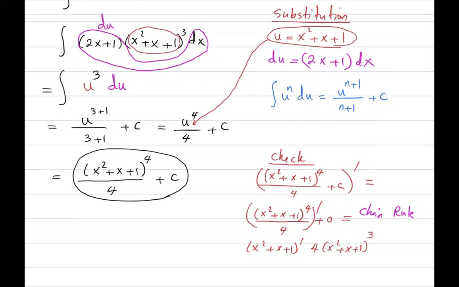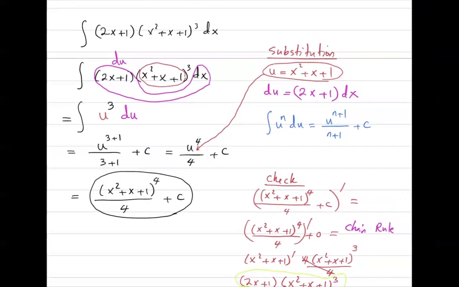This is equal to, and then I need to write 4 in the denominator because I have it over there. So you have 2x + 1 times, if you cancel out 4 and 4, (x² + x + 1)³, which is exactly what was inside my integral originally.